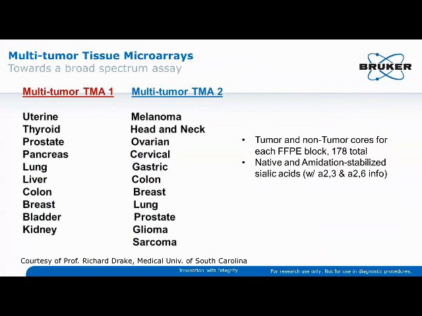Illustrated here, we've got various tumor TMAs from a number of different originating organs, all in an FFPE block, 178 cores total. We're also looking at native and amidated sialic acids. Sialic acids are notoriously fragile in the ionization process, and if we can derivatize those, it's known that it stabilizes them and makes them a bit more detectable.